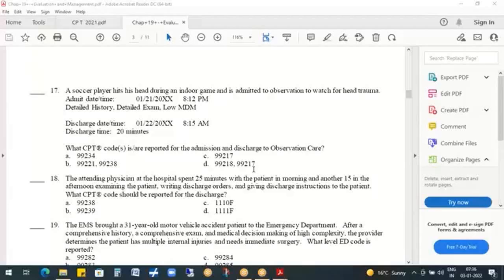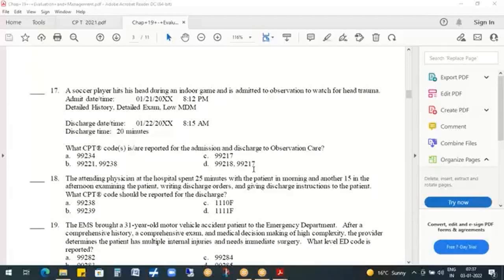Option C is only a discharge code. But the question asks about admission and discharge. Then what will be your answer? D is the answer. That's why I said memorize the code series. Without opening the book, we came to know the correct answer.